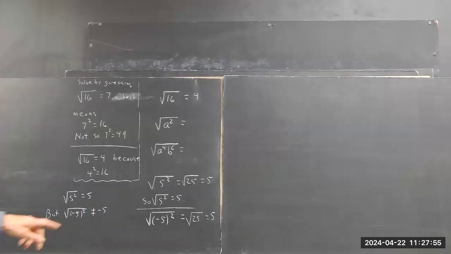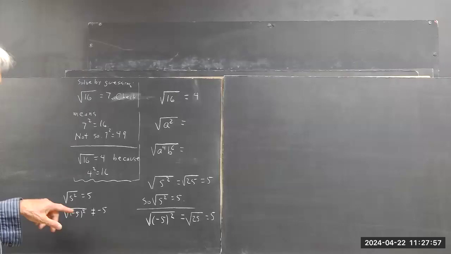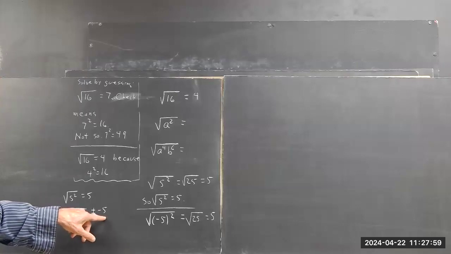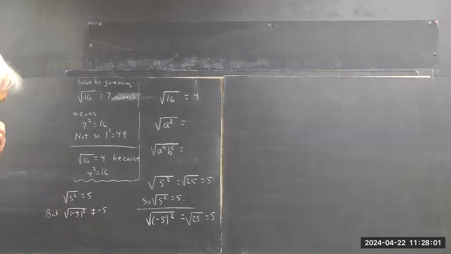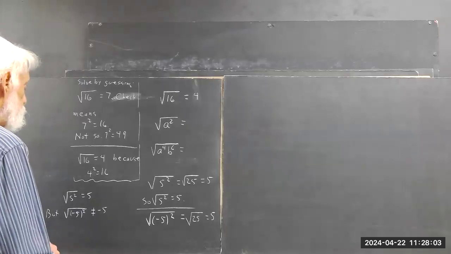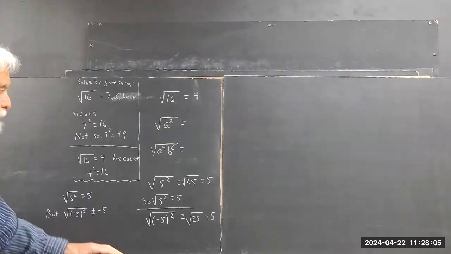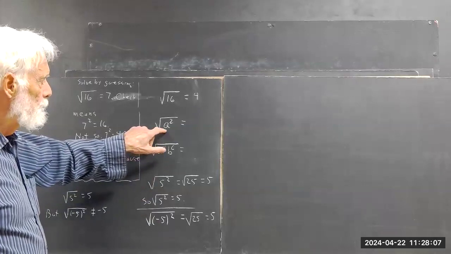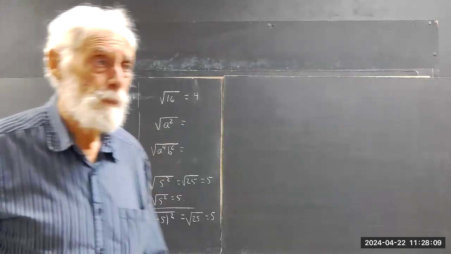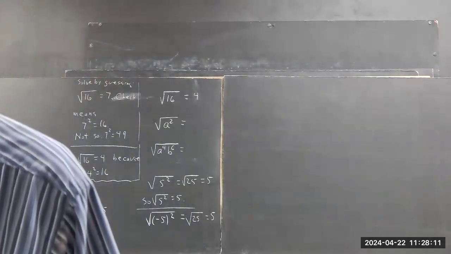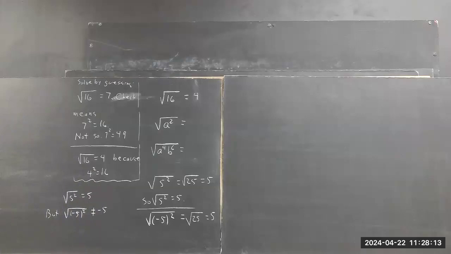But if you square -5 and take the square root, you don't get -5, right? Well, with that example, what would the square root of a squared be? In other words, what would you square to get a squared?